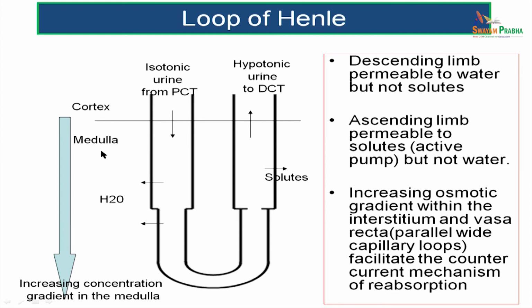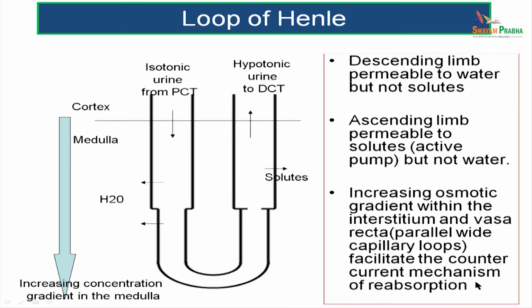So, you can note that there is an increasing osmotic gradient within the renal interstitium and vasa recta. Vasa recta are nothing but parallel wide capillary loops which lie parallel to the loop of Henle.